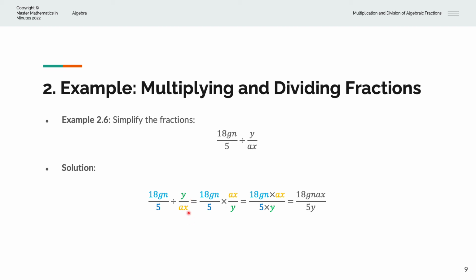So y over ax becomes ax over y. And we can proceed with the multiplication as usual. So that becomes 18gn multiplied by ax, and that simplifies to 18gnax. And for the denominator, we have 5 multiplied by y, and that simplifies to 5y.